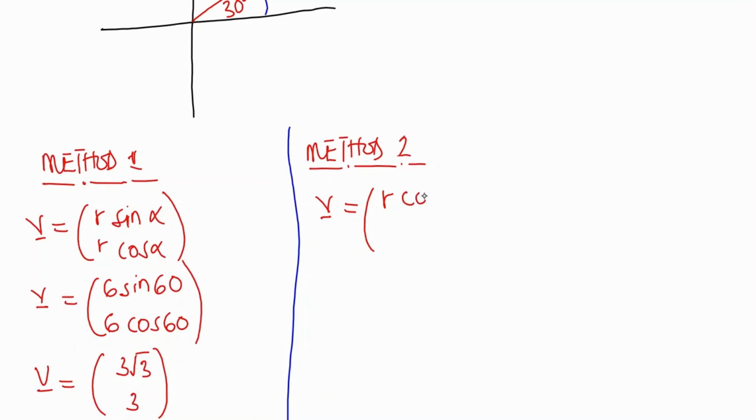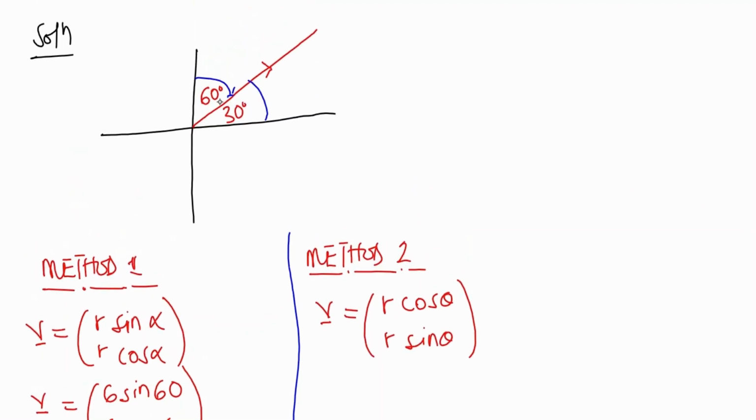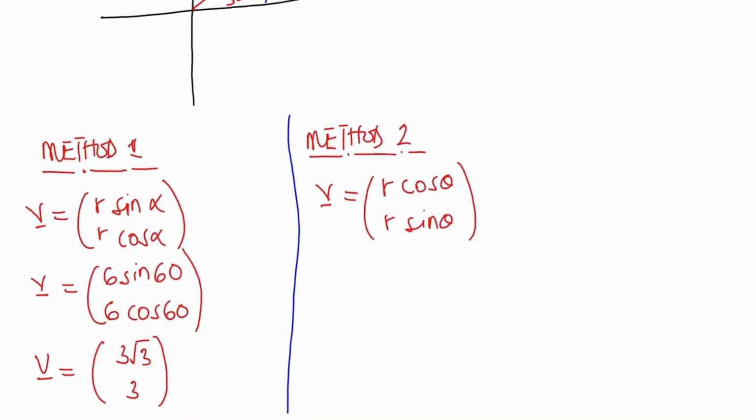That is R cos theta, and then R sine theta. We do that by considering the quadrant in which the vector lies. In this vector, you can see that it lies in the first quadrant. In the first quadrant, all of the trig ratios are positive, so we don't pay much attention to that.